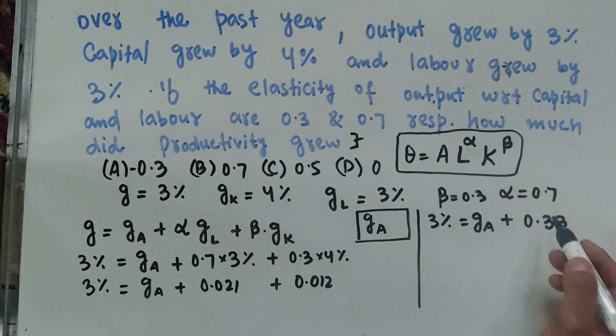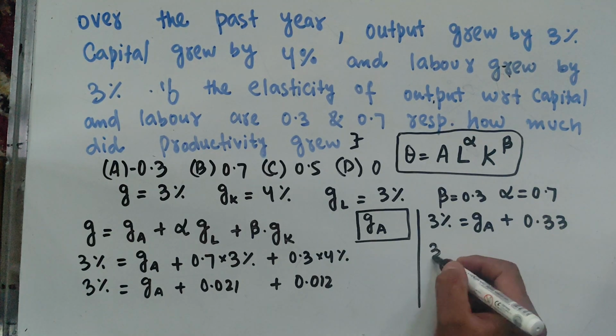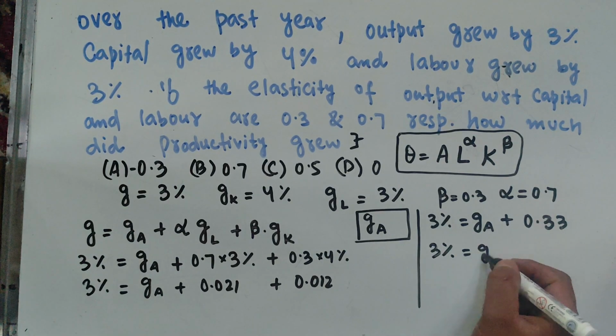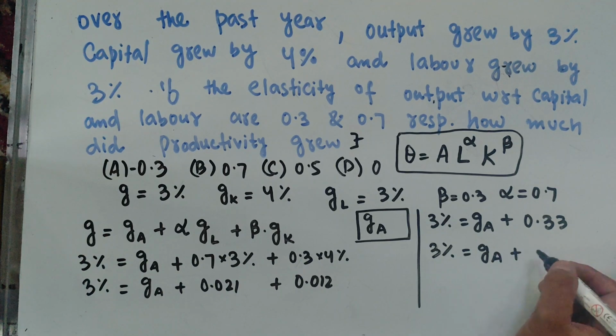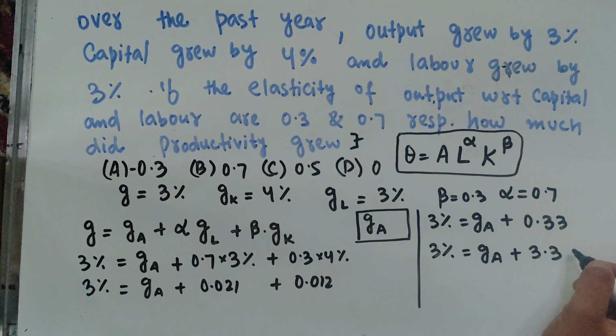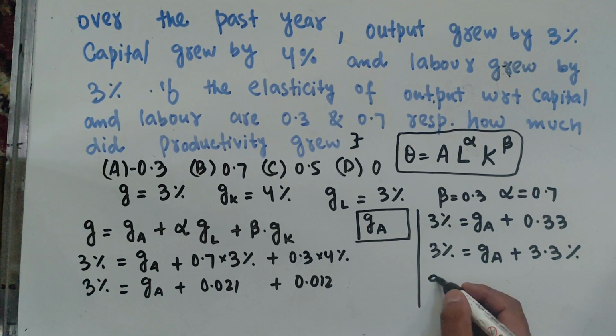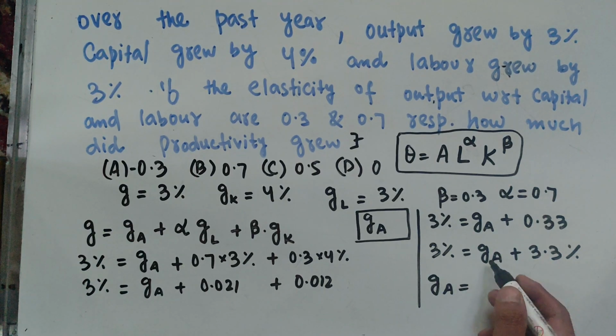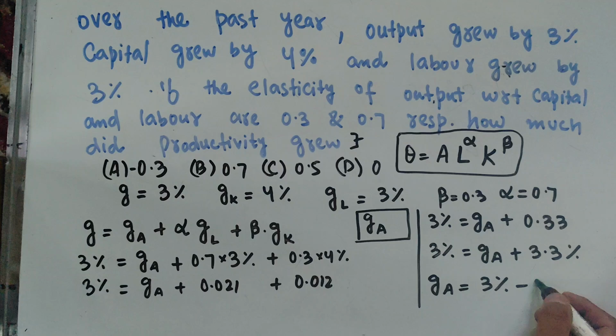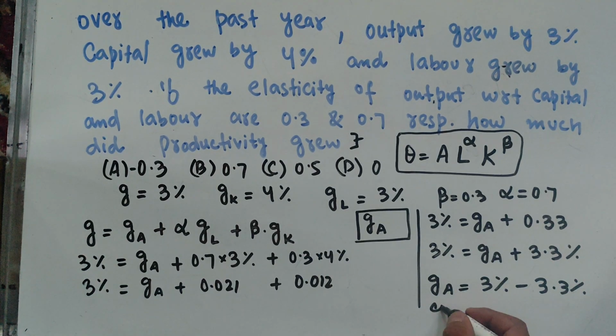Okay, so if I convert it into the percentage form, we have 3% is equal to GA plus 3.3%, or growth rate of total factor productivity will be equal to 3% minus, if I transpose it, it gets subtracted, minus 3.3%. That means growth rate of productivity will be equal to negative 0.3% in this question. I hope I make myself clear in this video. Thank you.